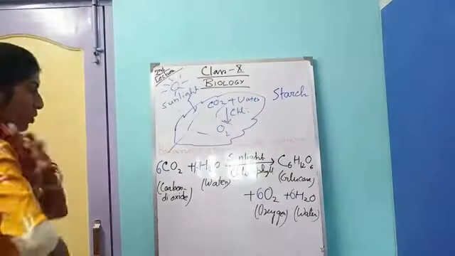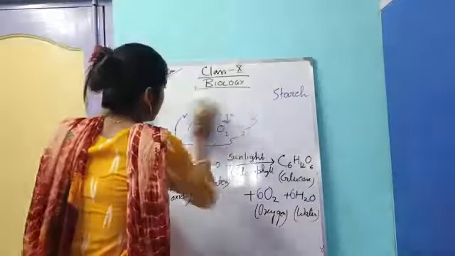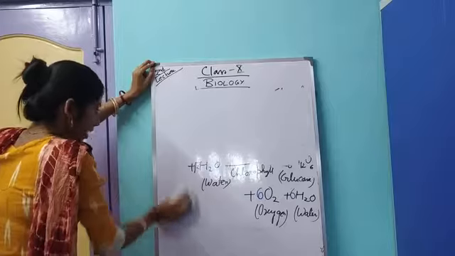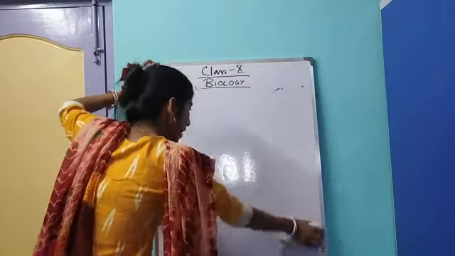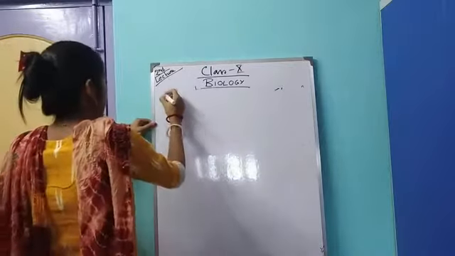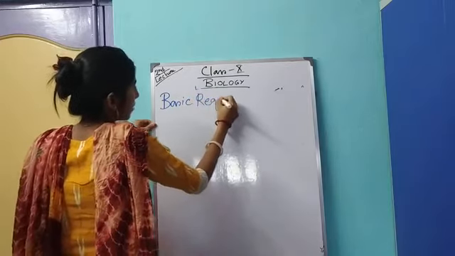Okay. So next we will read about the raw materials of photosynthesis. What are the main raw materials? That is carbon dioxide, water, chlorophyll and light energy. First we will write the basic requirements.